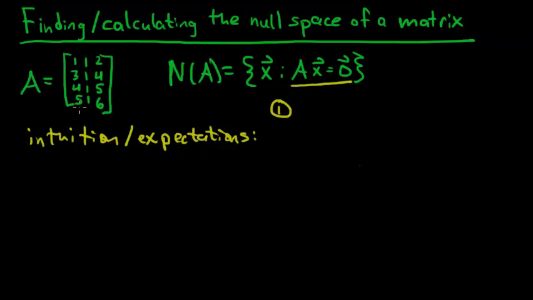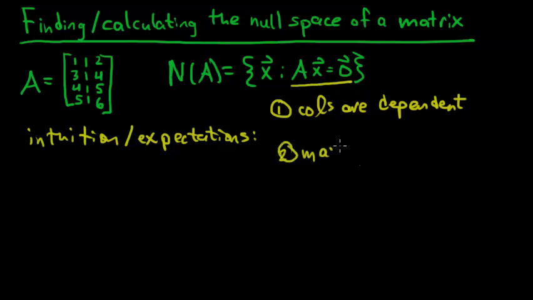First, if we just give this matrix a cursory glance, one thing that you might notice is that column 1 plus column 2 gives us column 3. So what we're expecting here is that the columns are dependent.